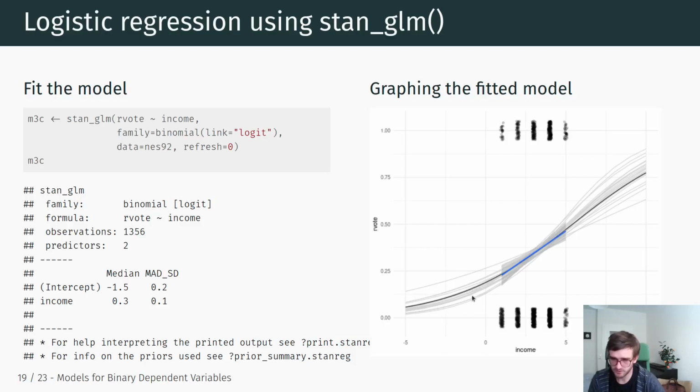And we see that the increase in the probability of observing a 1 for every 1 unit increase in x is not constant due to this link function, right? But right in the center of our data, where this slope is steepest, this is where the probability increase for 1 unit in x is approximated by 0.3 divided by 4, essentially.